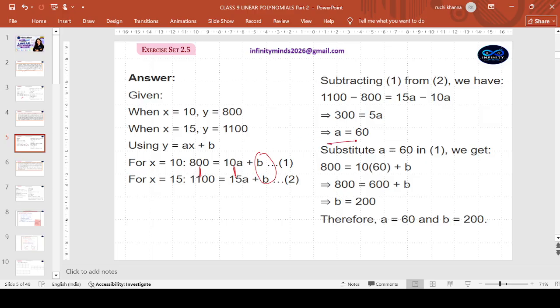So single A becomes 60. Putting 60, 10 times 60 is 600. 800 minus 600 becomes 200. So the fixed gym charges are 200 rupees and the per hour charge of the badminton court is 60 rupees per hour. Clear? We'll go to the next now.